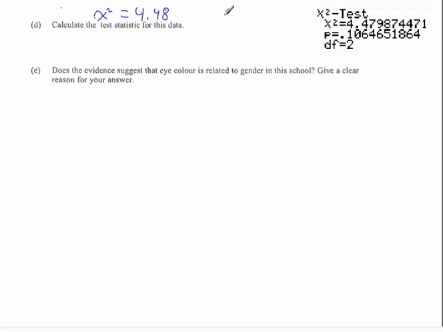Alright, and we saw before that the critical value at 5% significance level is 5.99. Okay, so the chi squared equals 4.48, which is less than our critical value of 5.99, which means if it's less than that, then it's always going to be accept the null hypothesis.